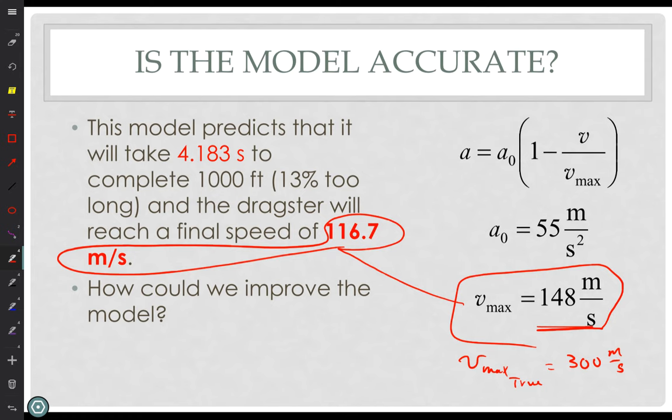So our model actually perfectly matches those numbers if we have the right speed for its maximum speed. That's part of what modeling has to do, is find those values.